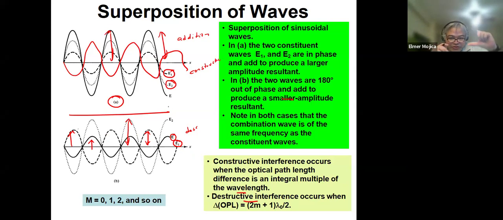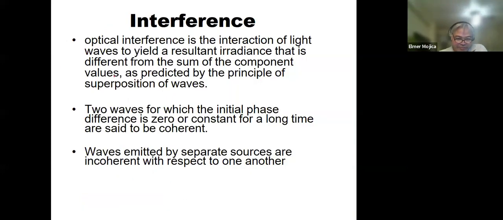But if the amplitudes are just the same and they're just not in phase, then your destructive interference here will just be a straight line. Constructive interference on the other way, they just get what? Higher.